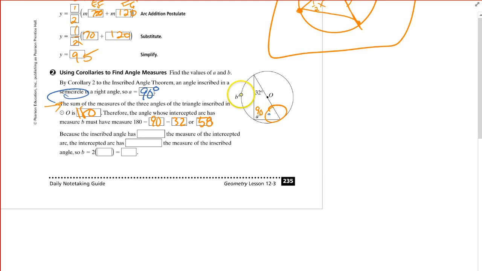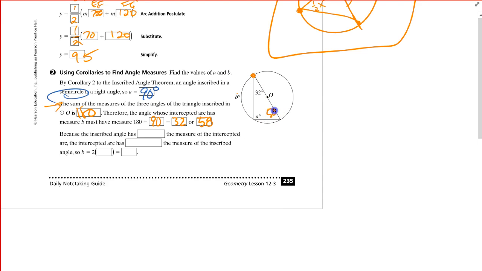So now, how can we find out what B is? Well, if this angle is 58, and I just did that with some triangle power, then I'm also looking at this intersection right here because I have an angle of 58 that has its vertex on the circle.